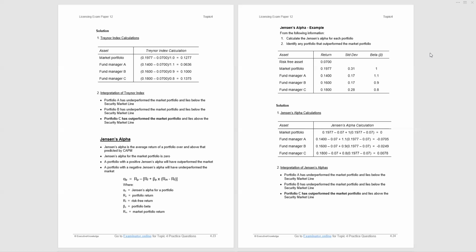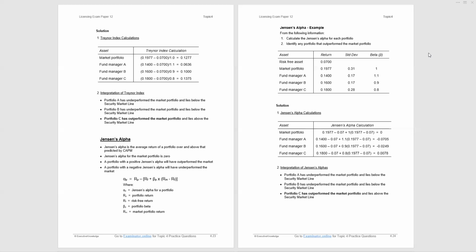Now, the market portfolio alpha must be 0 because what we're doing is we're taking the market portfolio return of 0.1977 and we deduct the calculation of the market portfolio return, that is the risk-free rate 0.07 plus the beta of the market 1 multiplied by the difference of the market return and the risk-free rate.